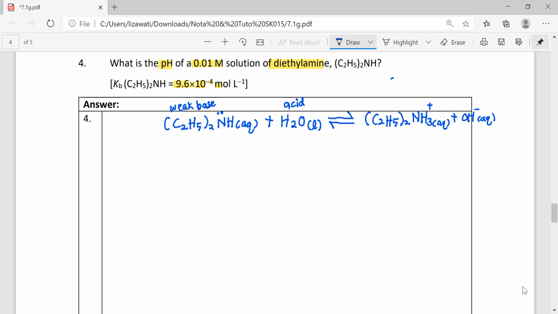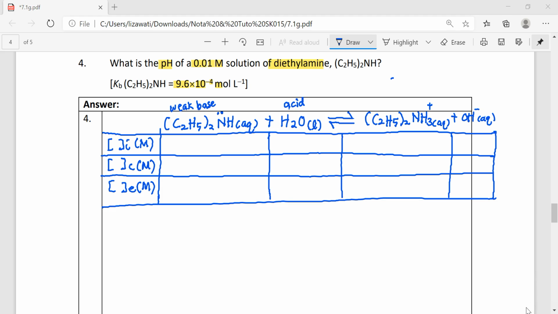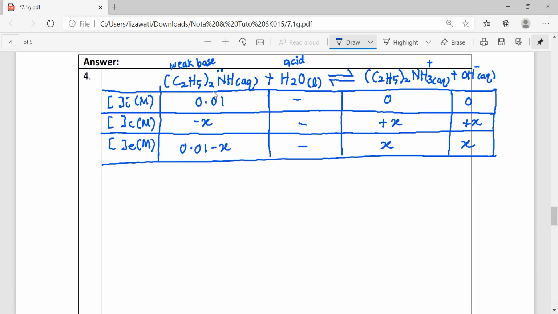Next step, we have to draw the ICE table. Here is the ICE table. You can substitute the initial concentration, 0.01, then the change in concentration and the concentration at equilibrium. Now write the Kb expression.